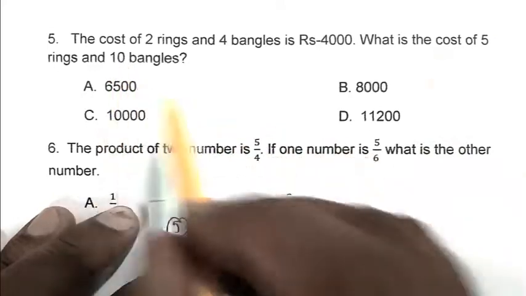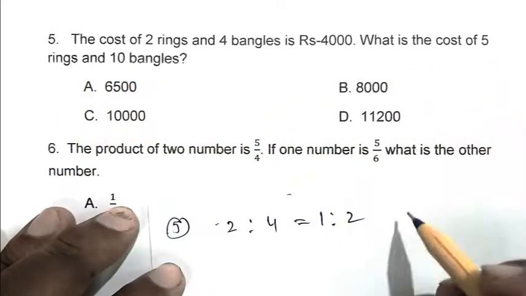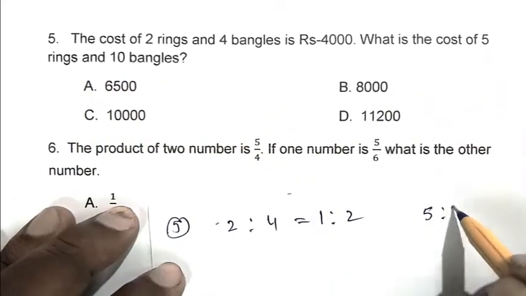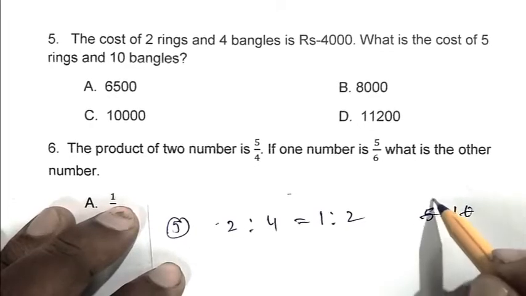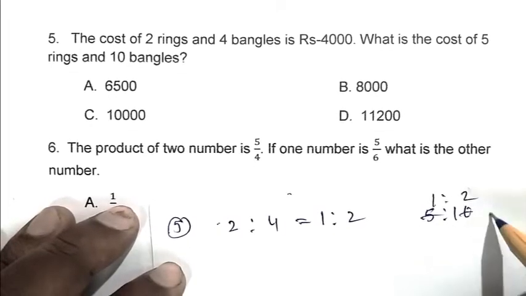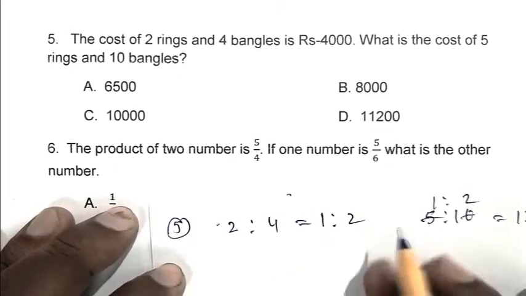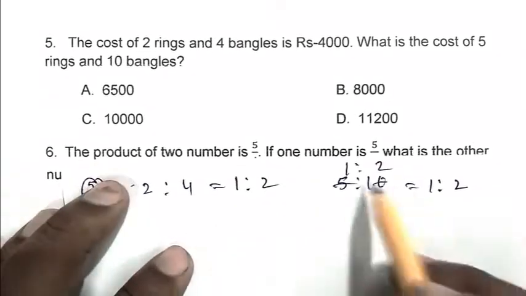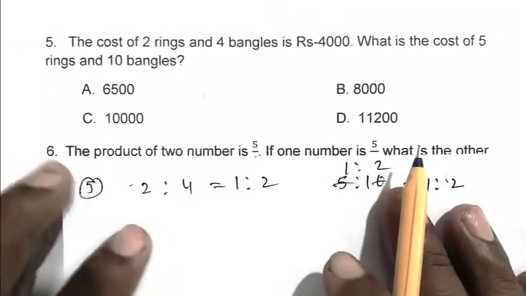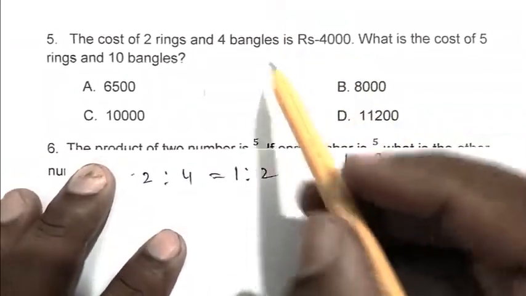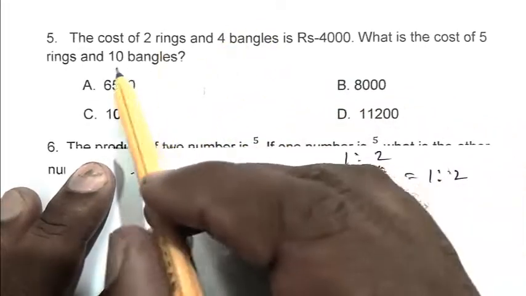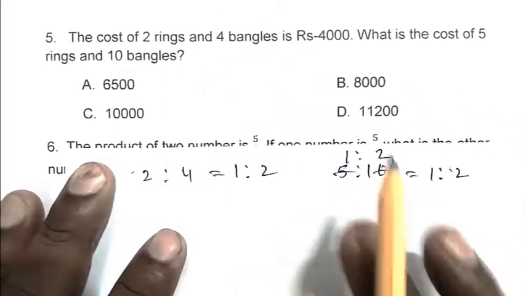Here the ratio of ring and bangle is 5 is to 10, that is 1 is to 2. So the ratio is the same in both cases. So we have to ignore one thing, that is bangles or rings.